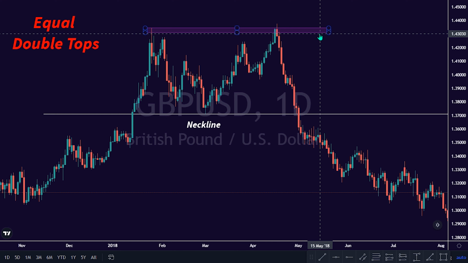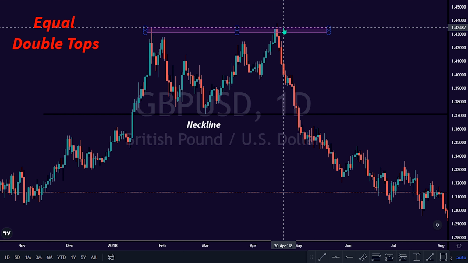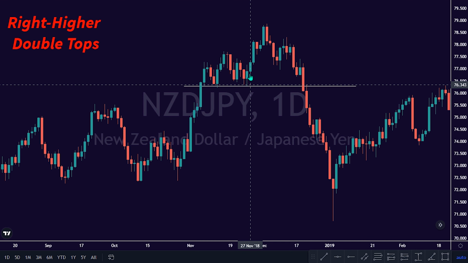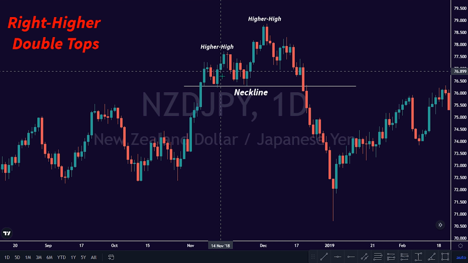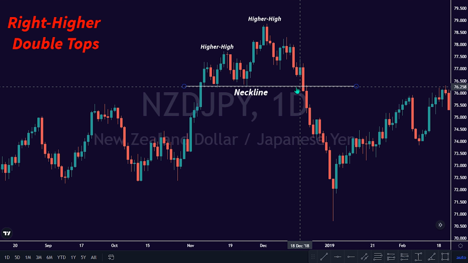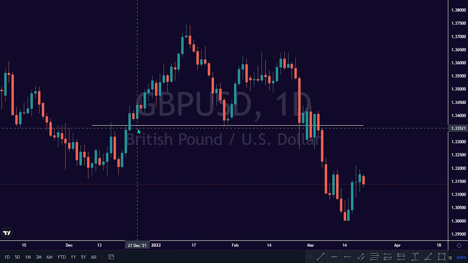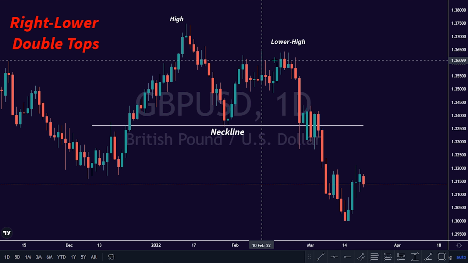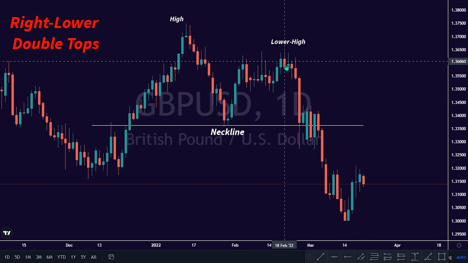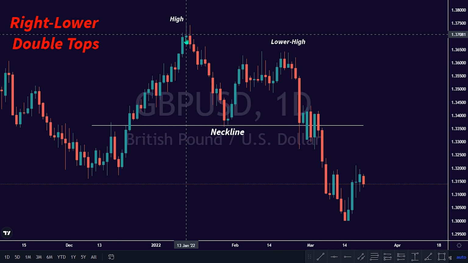These double tops have almost the same tops price level highs. Number 2, a right higher top. These double tops have their second top higher than the first top. Number 3, a right lower top. These double tops have their second top lower than the first top.